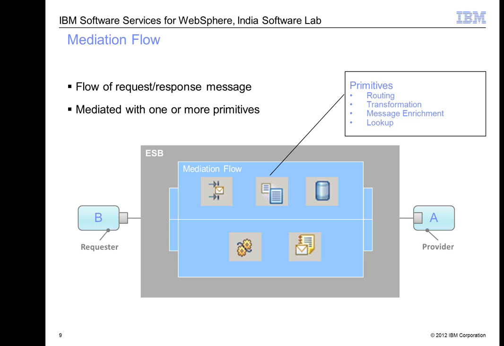These primitives can help us with routing or transformation or message enrichment as discussed earlier. They can also provide different kinds of lookup. For example, I get some data, but the rest of the data is available in some database. So we could use a database lookup primitive to fetch the information.